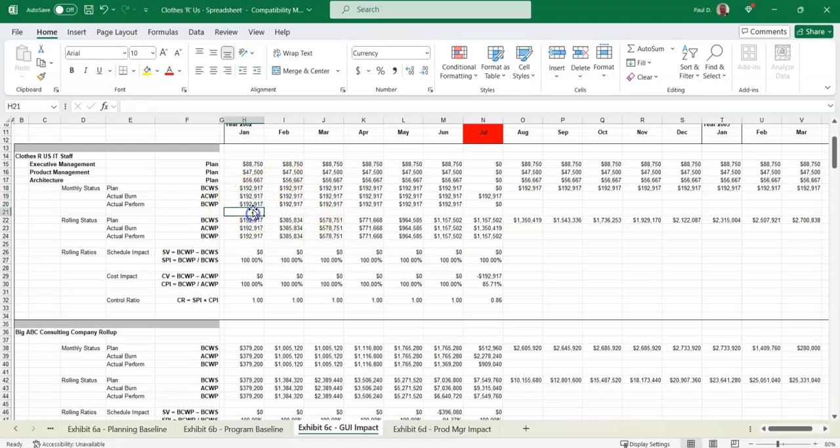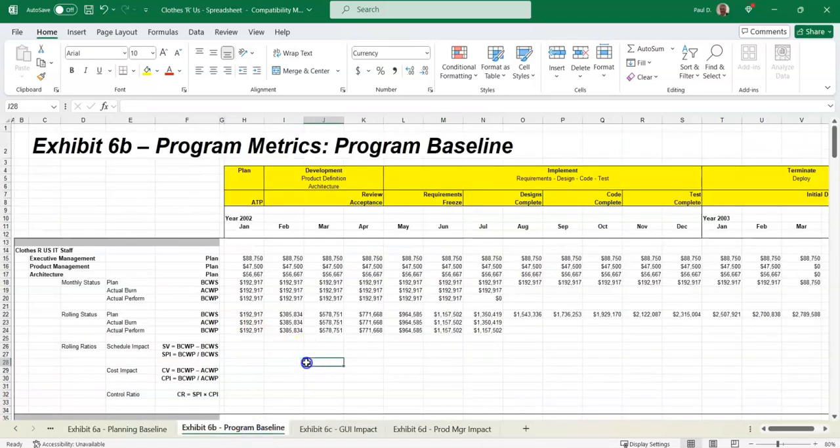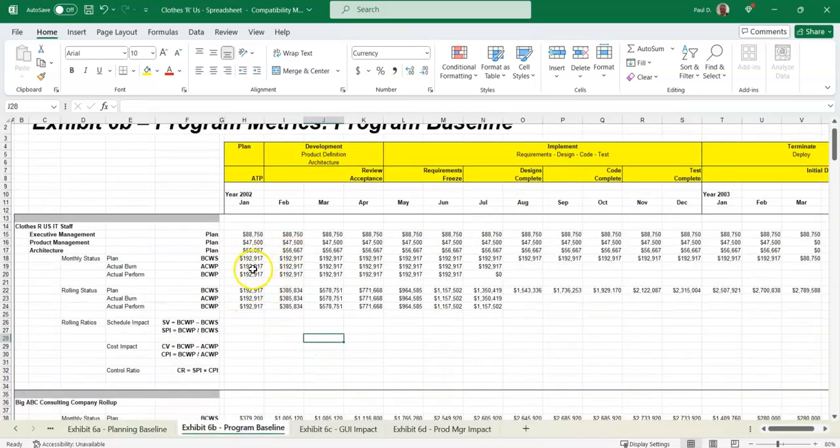So I took the data here, actual cost and budgeted cost, earned value, and I copied it over to the program baseline through July, since that's the only amount of data provided so far, and that's going to serve to prove that you can do the calculations necessary for this assignment.